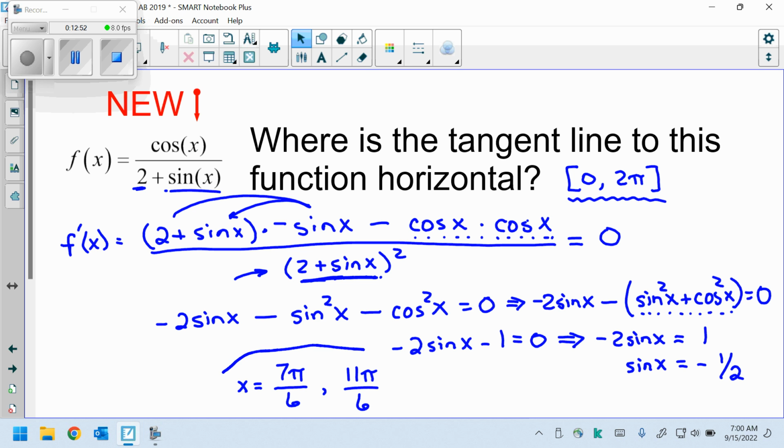This is a no calculator type problem. And so we have found on our domain of 0 to 2 pi where the tangent line is horizontal, because we know how to find the derivatives of trig functions.